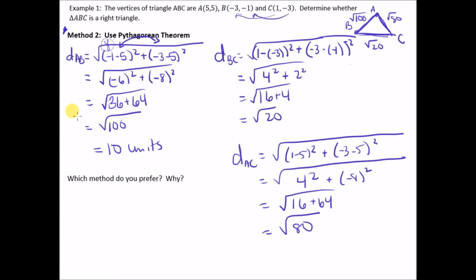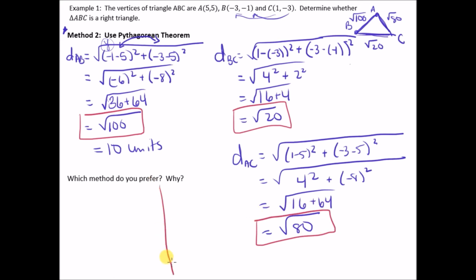Now that we have root 100, root 20, and root 80, what we want to do is check if Pythagorean theorem holds. So if we did a squared plus b squared equals c squared, by default, the root 100 is going to be subbed into c squared because it's the biggest number. So root 20 squared plus root 80 squared equals root 100 squared.